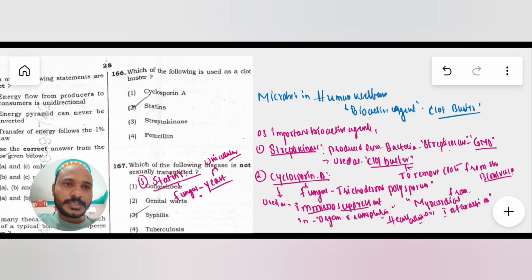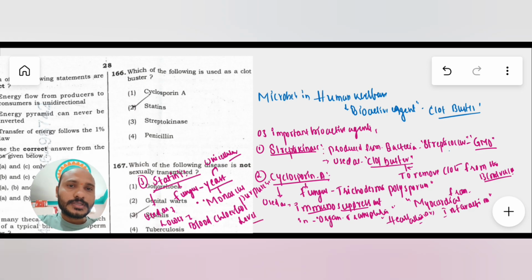From yeast we can obtain statin, from which yeast? Among yeast species, Monascus purpureus. From this yeast we obtain statin, which is used to lower the blood cholesterol level. Very important.